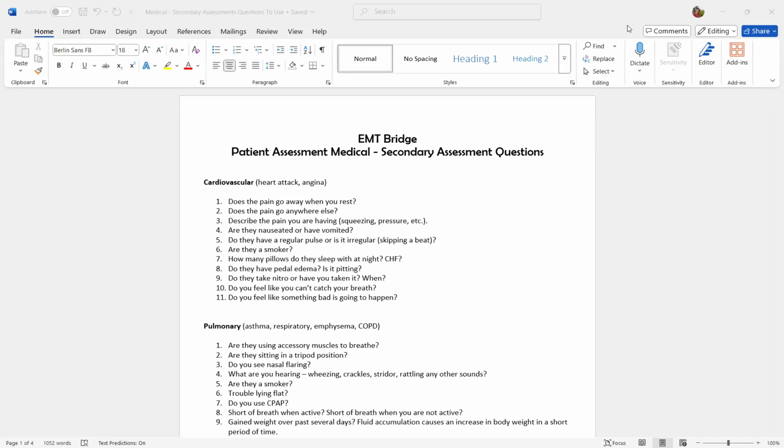Nope, not that one. Not yet. Trying to find my PDFs. Here we go. Found it.